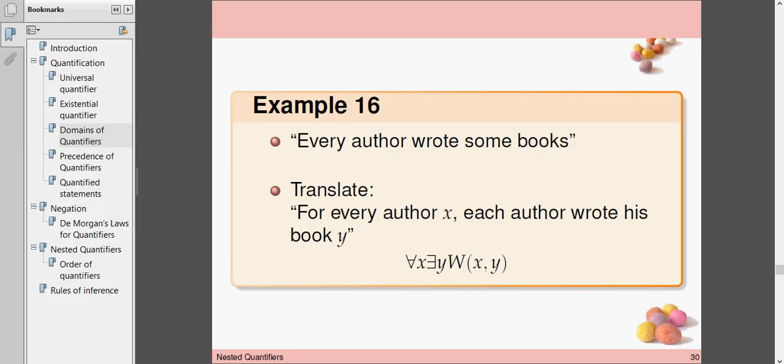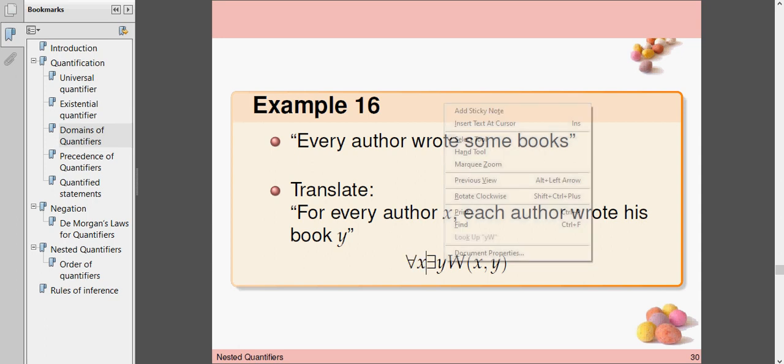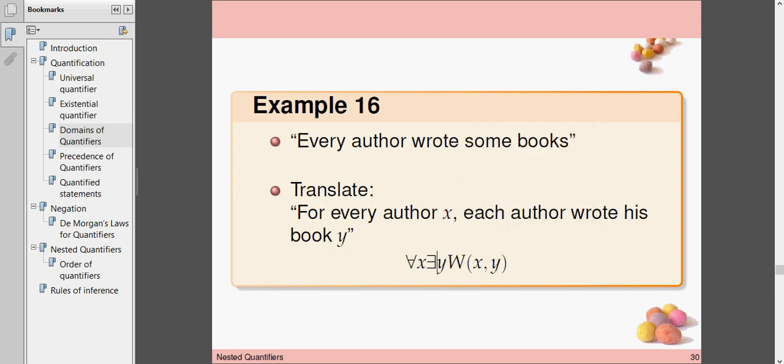The domain for us is authors, and the function is author writes book, some books. So maybe the one author has different books. So for all X, which is the domain author, we have at least one Y. This Y is found by X and Y. Y is the book. At least we have one book from one author.